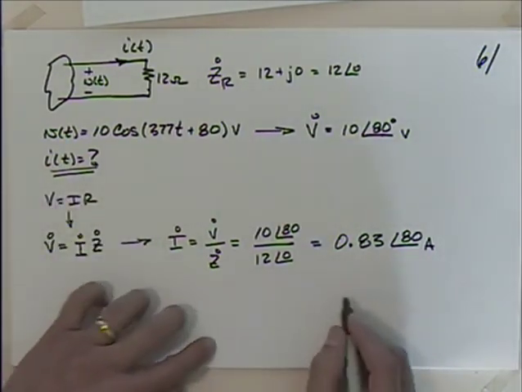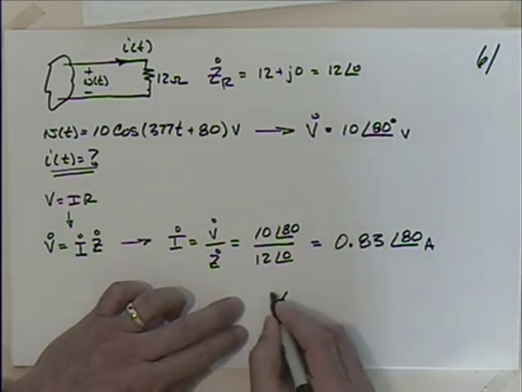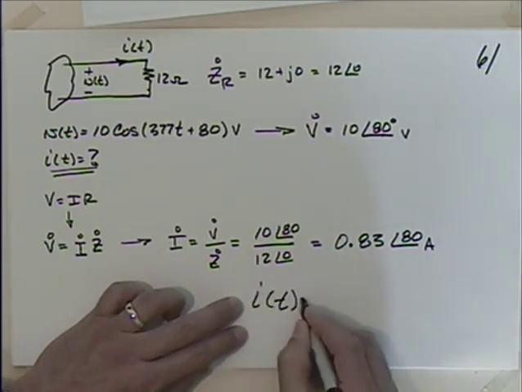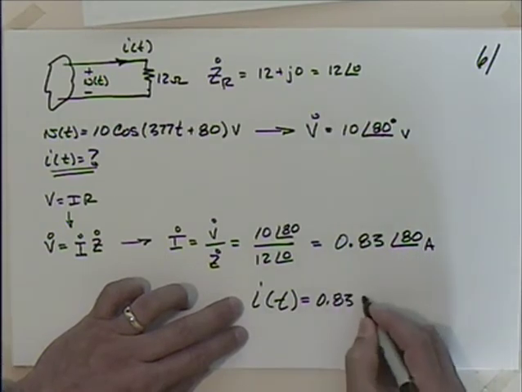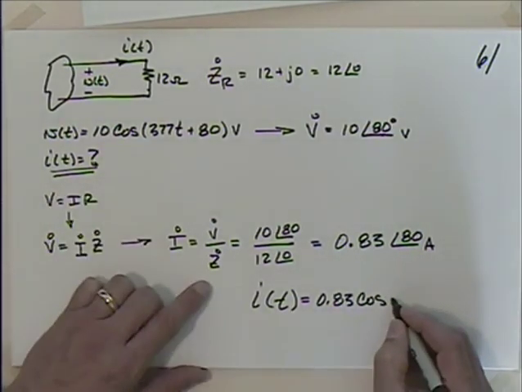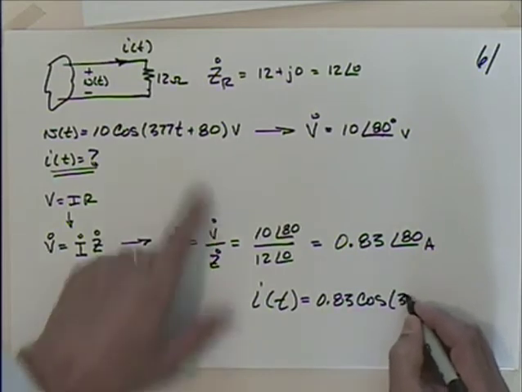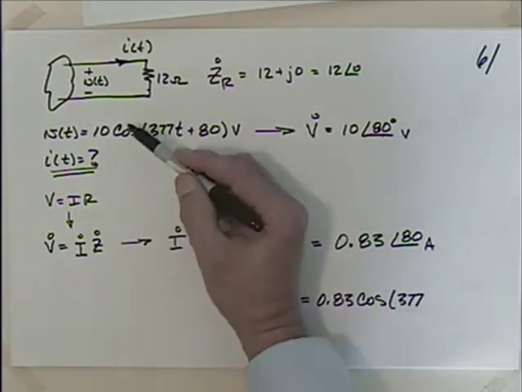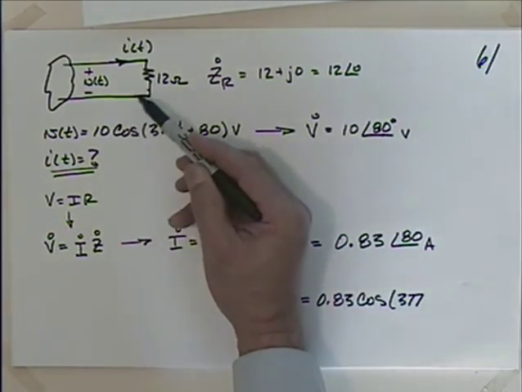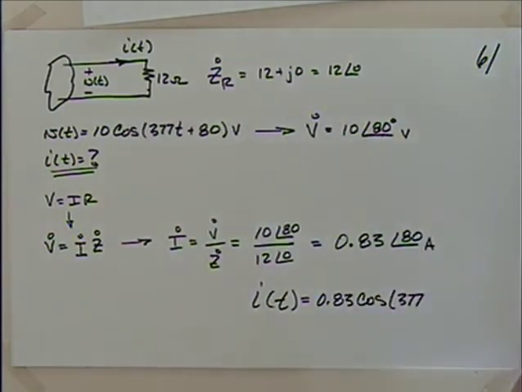What does this look like in the time domain? The current in the time domain is equal to the magnitude 0.83 times the cosine. I based it on a cosine function. The frequency, 377, hasn't changed. The entire problem will be at the same frequency. Then we might go to another problem with a different frequency.